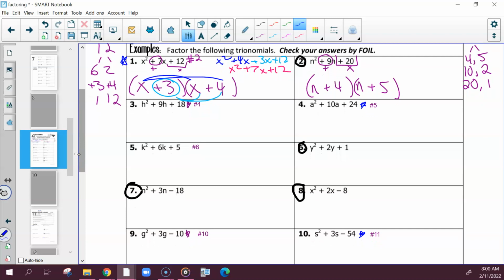Let's skip down to number 6. So for number 6, we need two numbers that multiply to be 1 and add to be 2. What times what gives you 1? 1. So in this case, the factor tree is not really necessary because it only has one pair of factors.